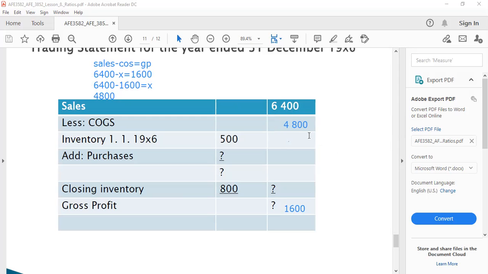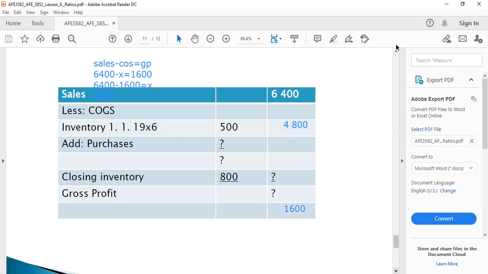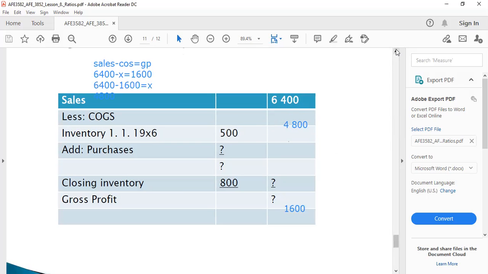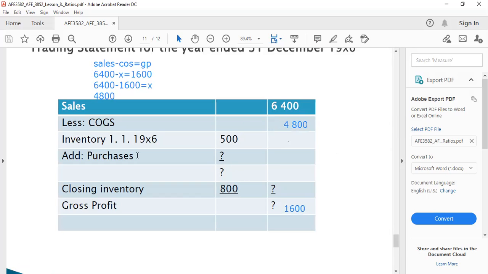Okay. Now that we have our cost of goods sold, we are now able to calculate our purchases amount. How?